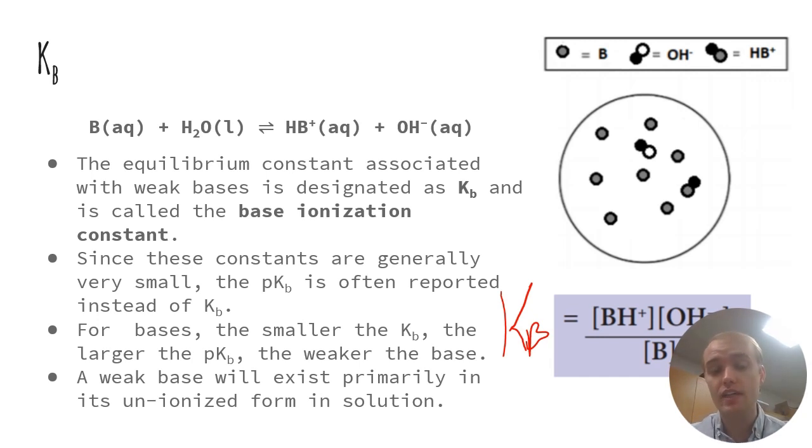It's calculated the exact same way, and much like a Ka, instead of using Ka as our measure of acid strength, we use pKa. Just like that, we're going to use pKb most of the time here because it's a much easier number to work with. For bases, the larger the pKb is, the weaker the base. The smaller the pKb is, the stronger the base. Okay, it works the exact same way as pKa. The smaller it is, the stronger the base or the acid.